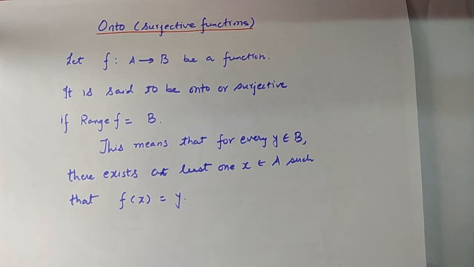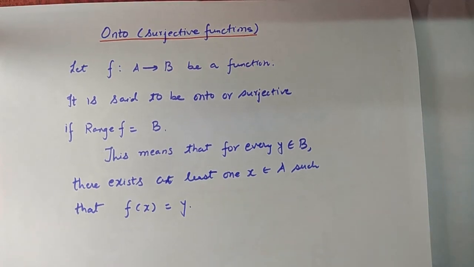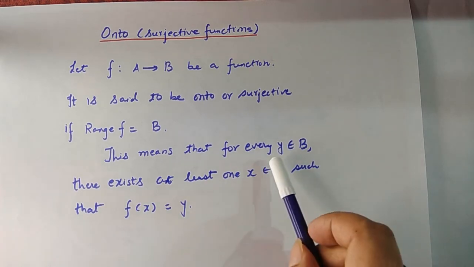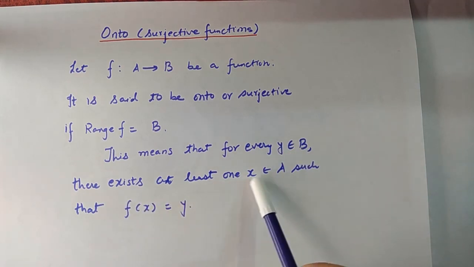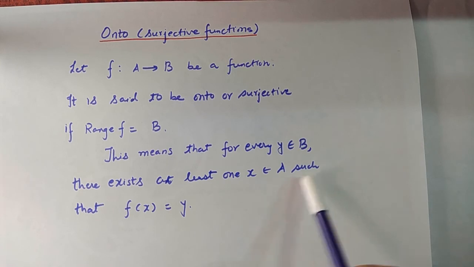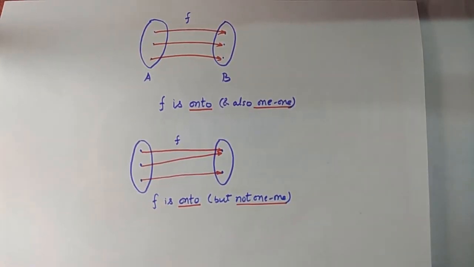For a function to be surjective, its range must equal its codomain, which means for a function f to be an onto function, every point in the codomain must be an image of some point in the domain. That is, for every y belonging to B, there must exist at least one x belonging to A such that f(x) is equal to y. The following figures will illustrate the concept efficiently.